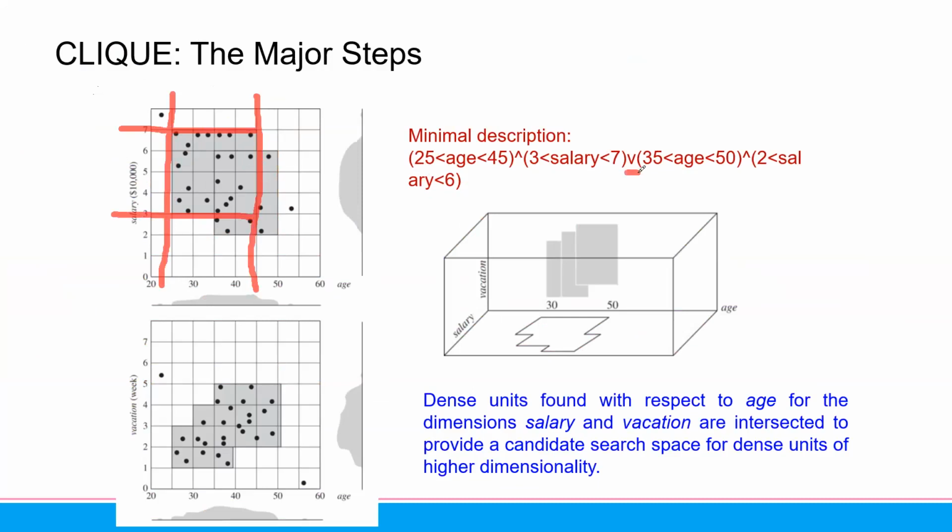And then we have another criteria from 35 until 50, and the salary is between 2 and 6. So we need to make this kind of description, and the clusters will be based on this description.